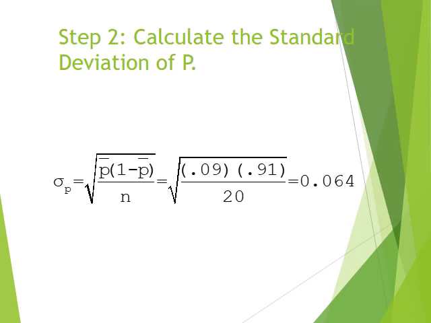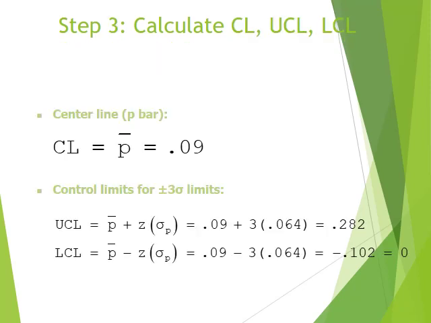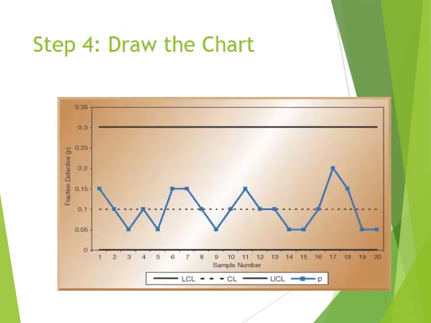Calculate the standard deviation of P. The formula is given, and put in all the necessary values. Step 3. Calculate the CL, UCL, and LCL. The centerline P bar, CL equal to P bar equal to 0.09, and the control limits for 3 sigma limits, UCL and LCL, as shown below. Step 4. Draw the chart based on the calculation.